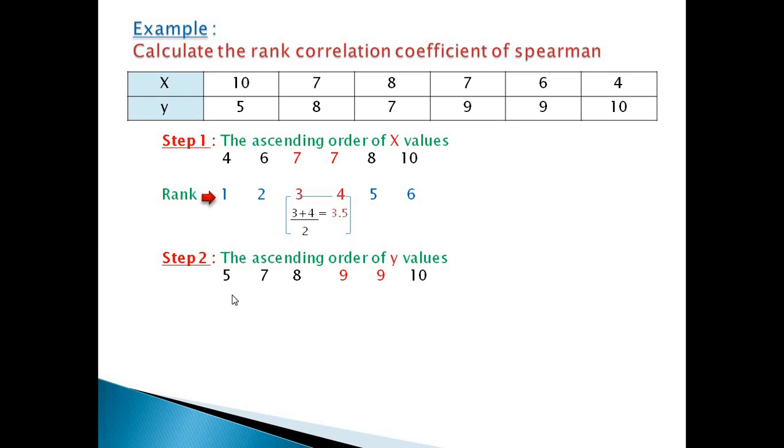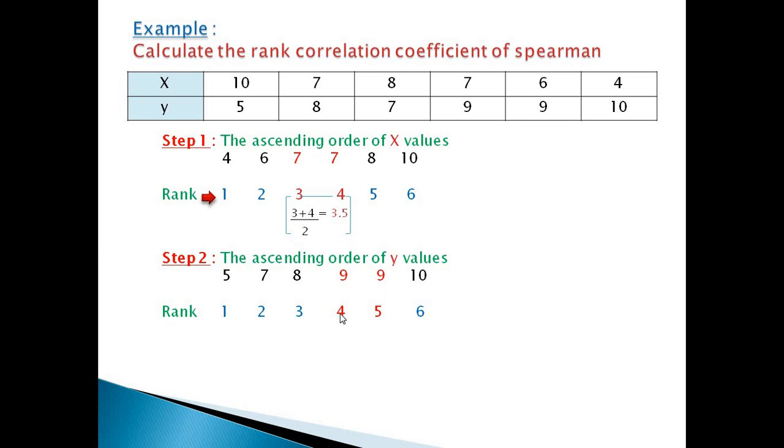And now let's write the rank of y. The value 5, its rank is 1. 7, its rank is 2. This is the second value. The third value 8, its rank is 3.